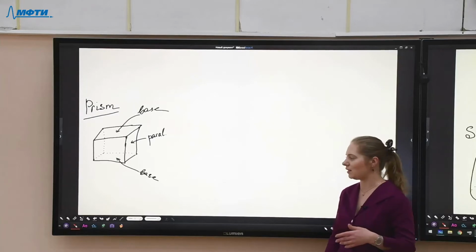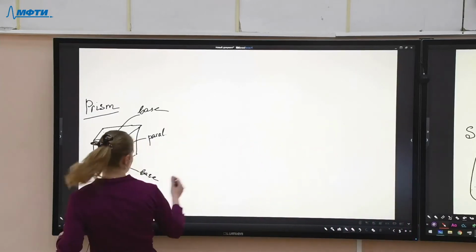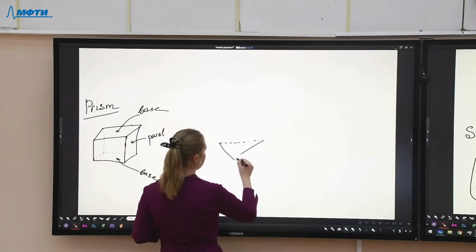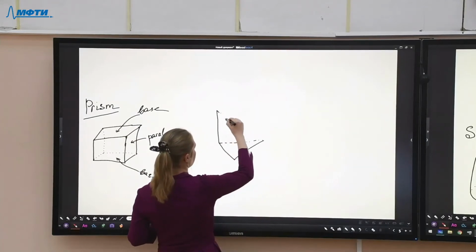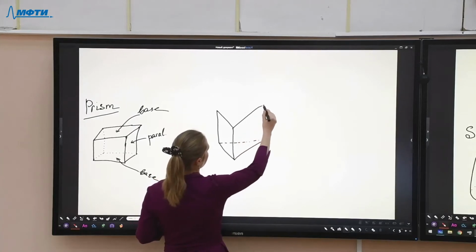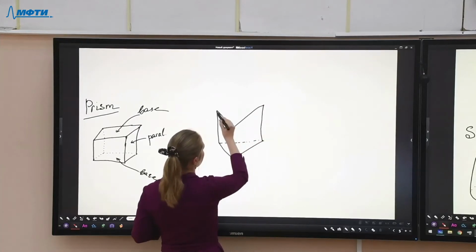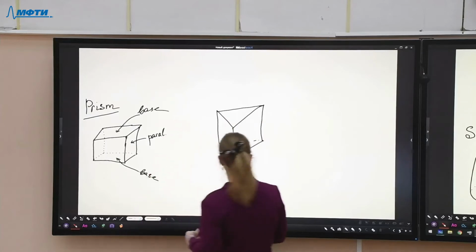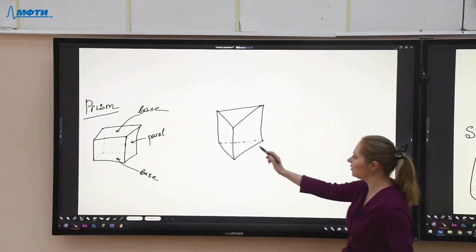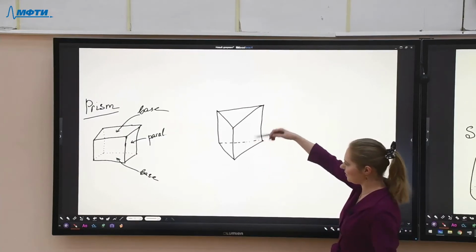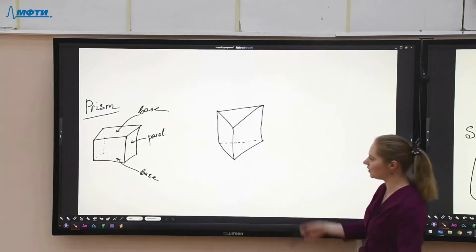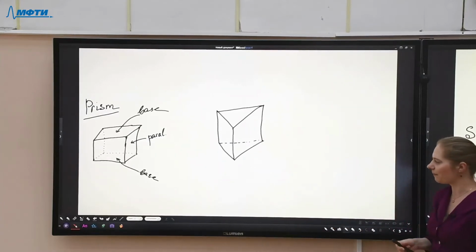If we are talking about this case, we can say that this is a triangular prism because we have two triangles here. And again, our sides are parallelograms.